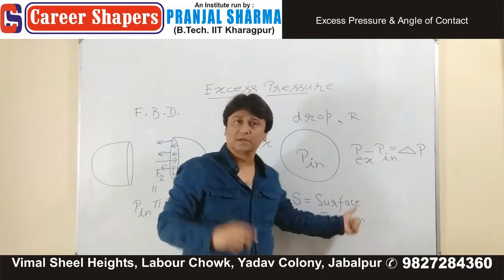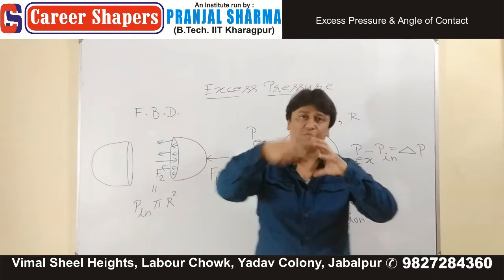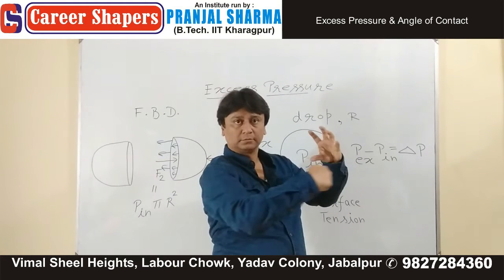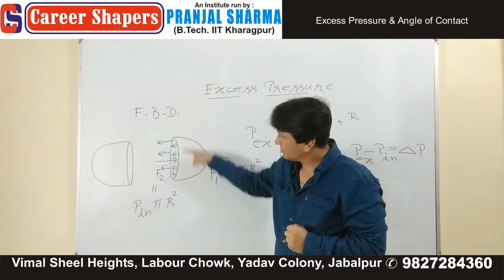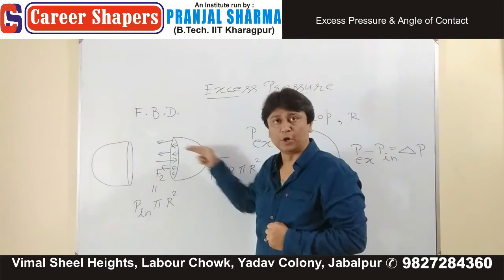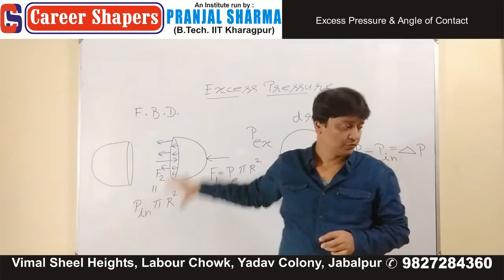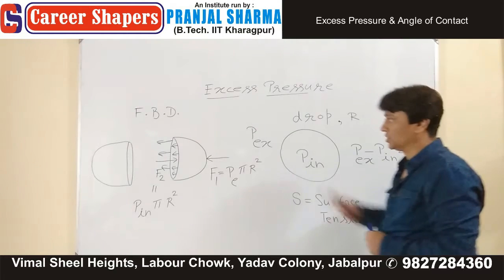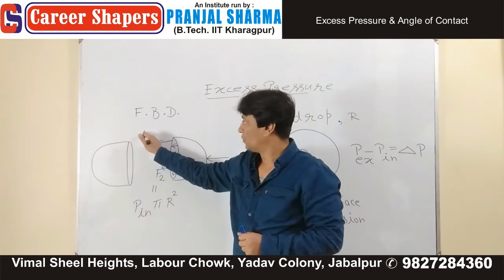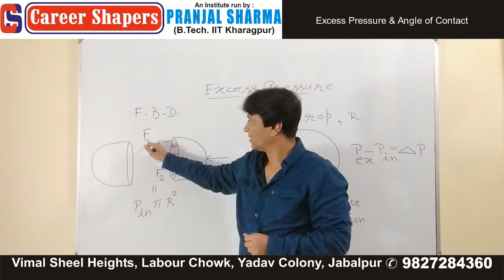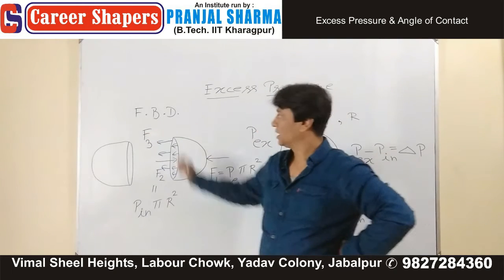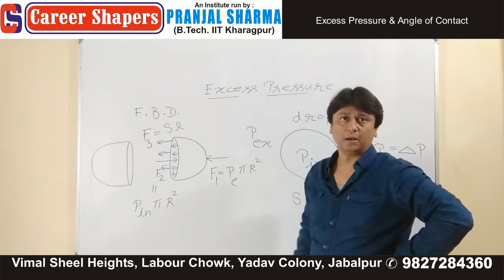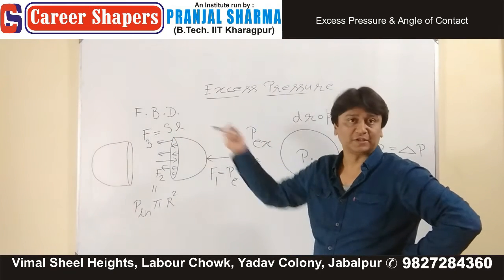Surface tension is effective only for what? Surface. So this portion where I have shown the forces in blue, these are the forces coming because of surface tension, and this force due to surface tension, let's call it F3, is S multiplied by L. That's how we define surface tension.